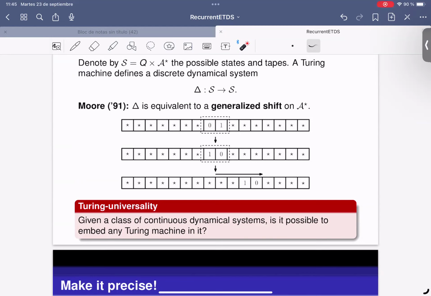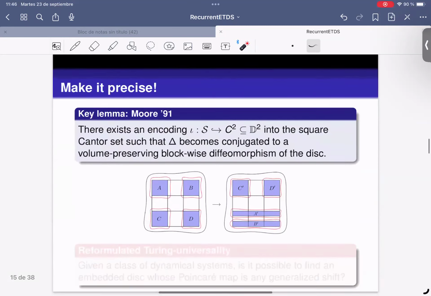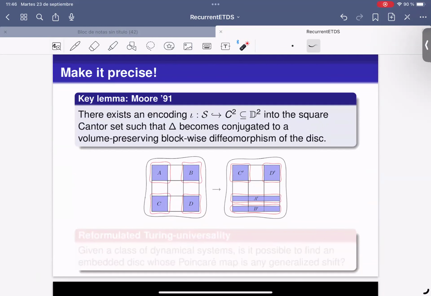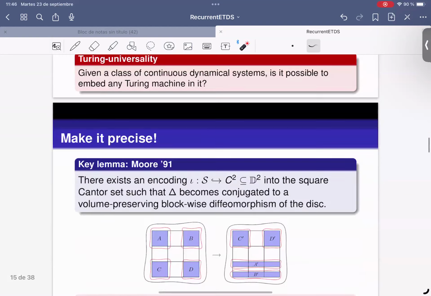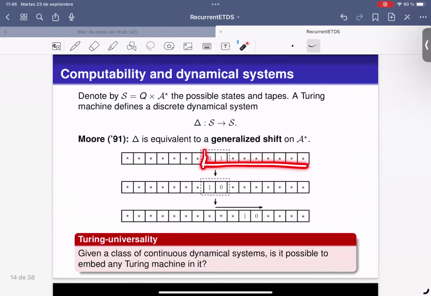Every time I have a 1, I embed it as a 2. So that's the idea. I encode this into the Cantor set, and I'm considering the square Cantor set because I need two Cantor sets.